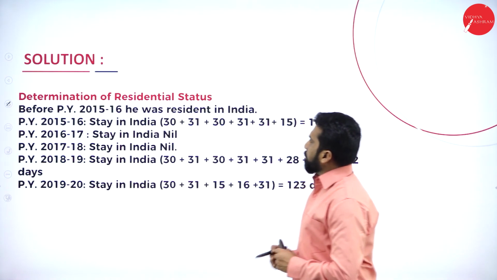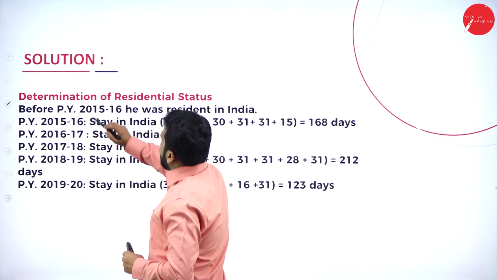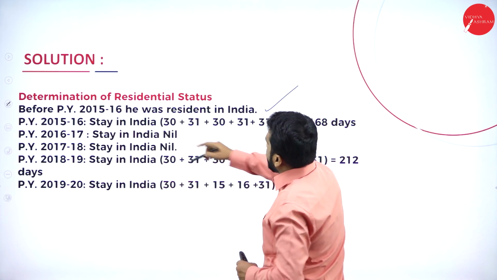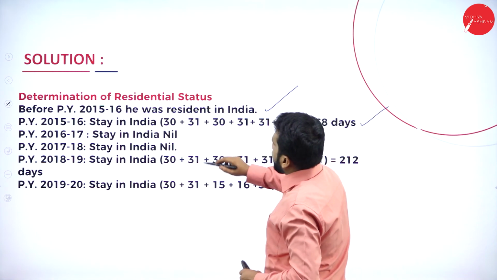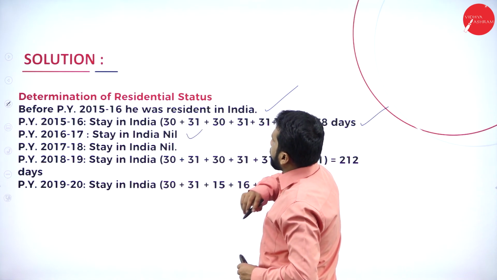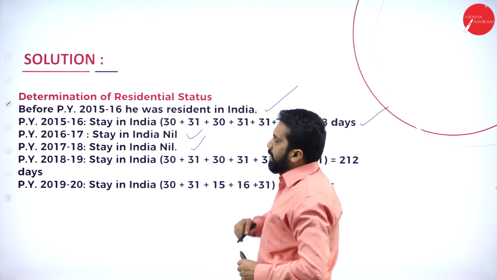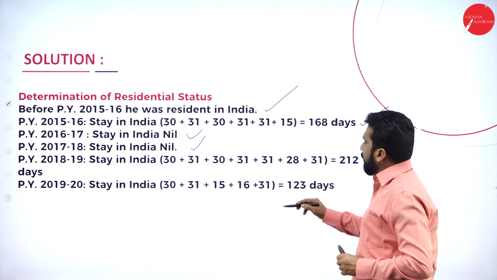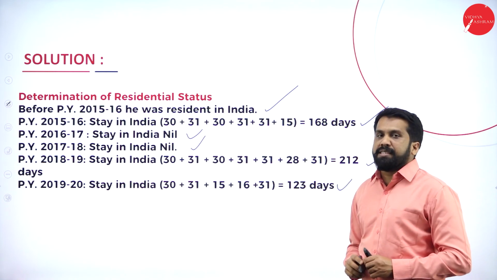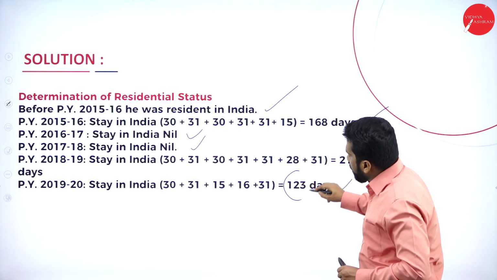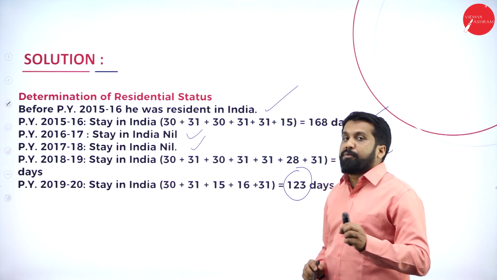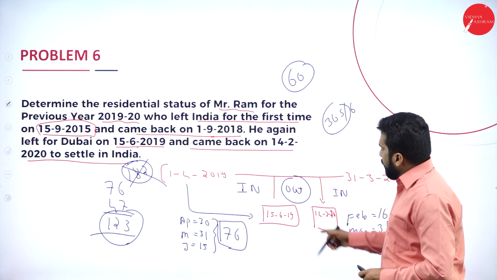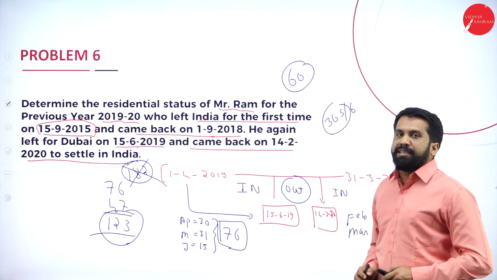As per the question, before the previous year, this is for 15 and 16, then 16 and 17, 17 and 18, 18 and 19, and this is your previous year. So how many days were you there in the previous year? 123 days. How did you get 123? Check. These are the calculations.